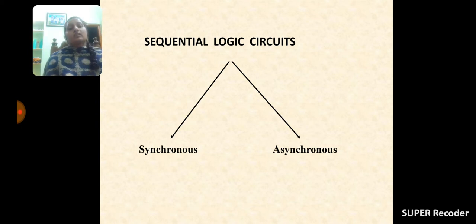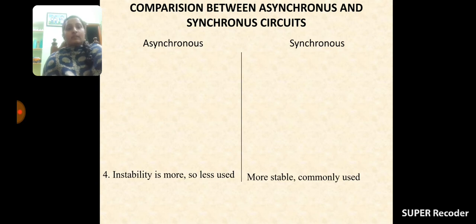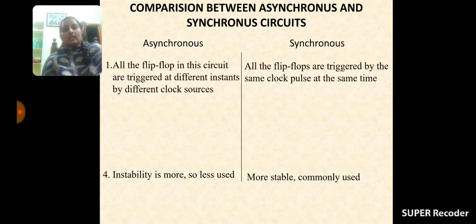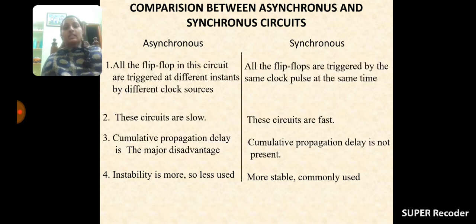What are the two types? Synchronous as well as asynchronous. In asynchronous, which elements are used? Flip-flops are used. In synchronous, also flip-flops are used. But what is the difference between asynchronous and synchronous?